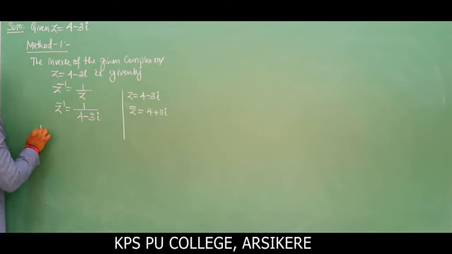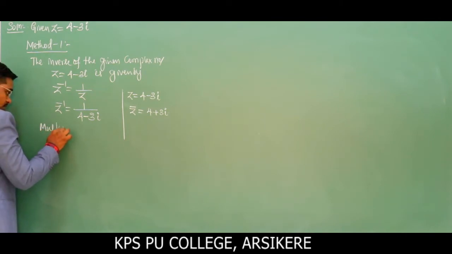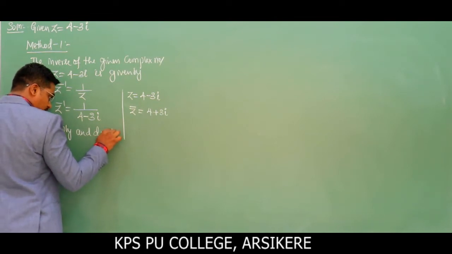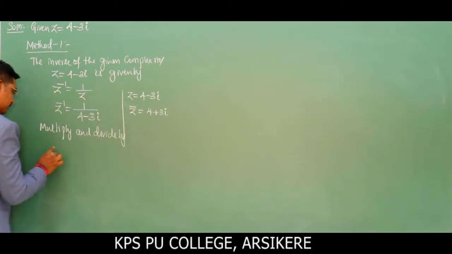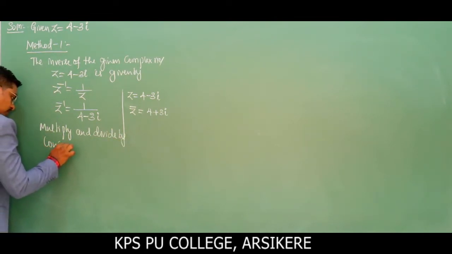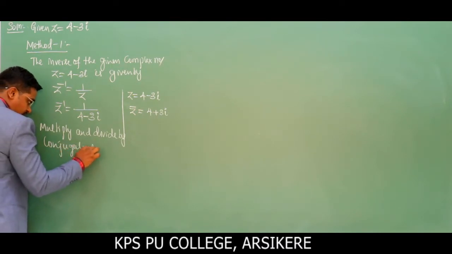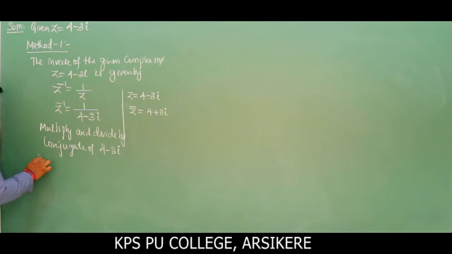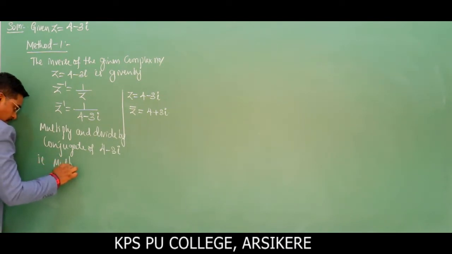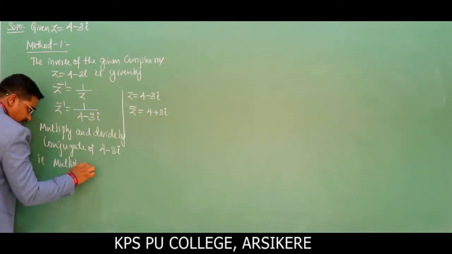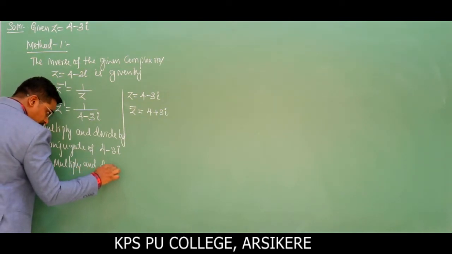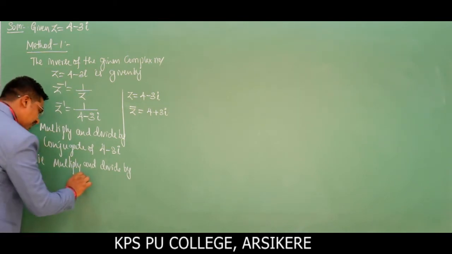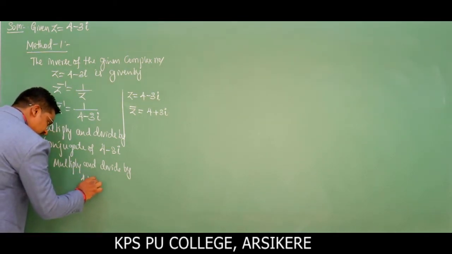So here we multiply and divide by the conjugate of 4 minus 3i, that is 4 plus 3i.